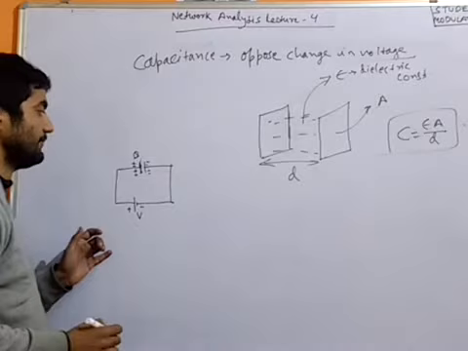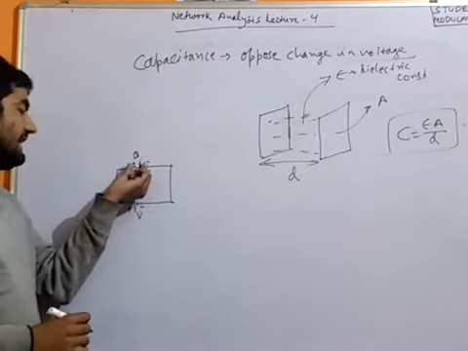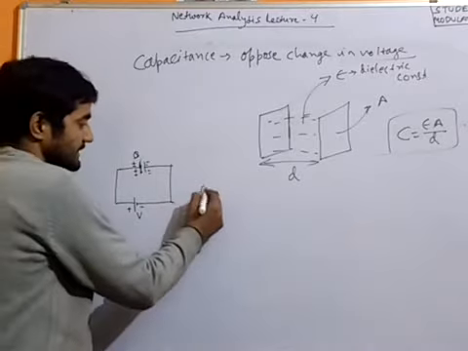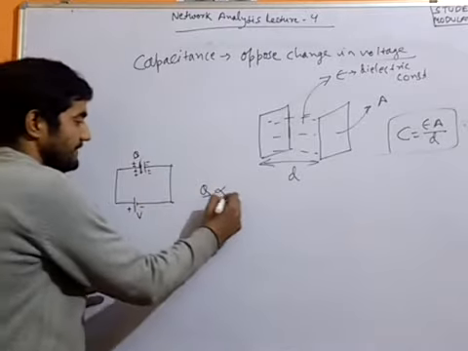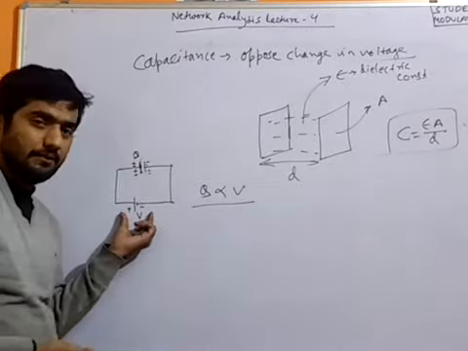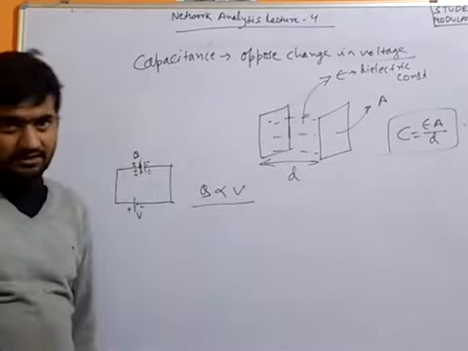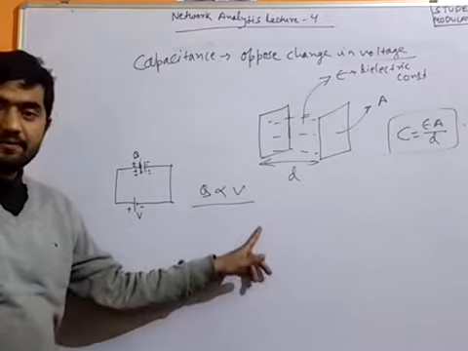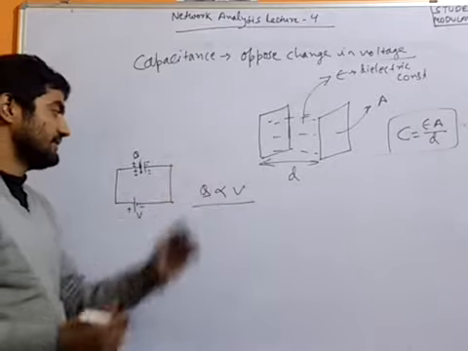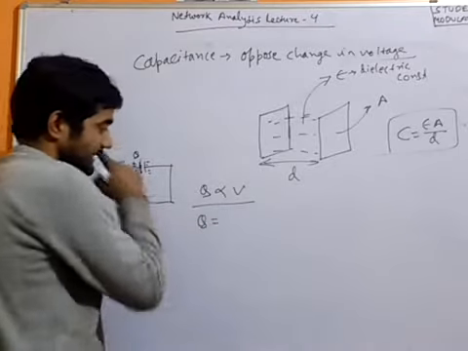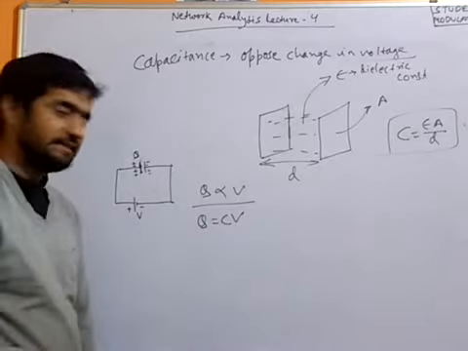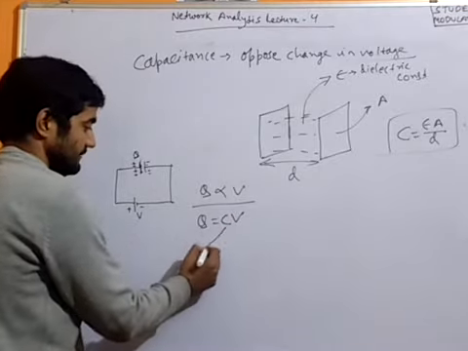Means overall it has been charged up to Q. The charge will definitely be directly proportional to the voltage. As much as the voltage, the same will be the charge across the capacitor. So Q is proportional to V. When we remove the proportional sign and equate it, we put a proportionality constant, so Q equals CV. C is the capacitance.